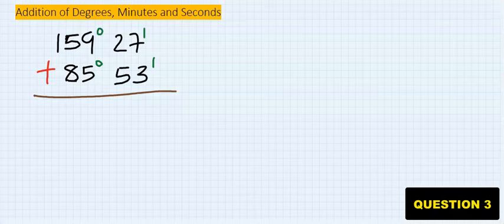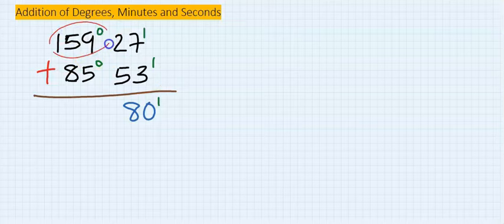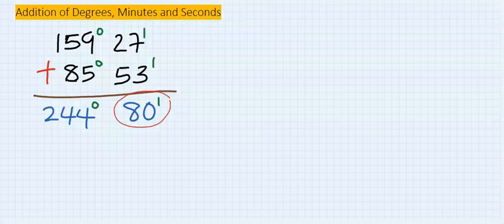Now let's try it out together. 27 minutes plus 53 minutes. That's 80 minutes. 159 degrees plus 85 degrees. That is 244 degrees. Next, consider the minute side. This is greater than 60 minutes.